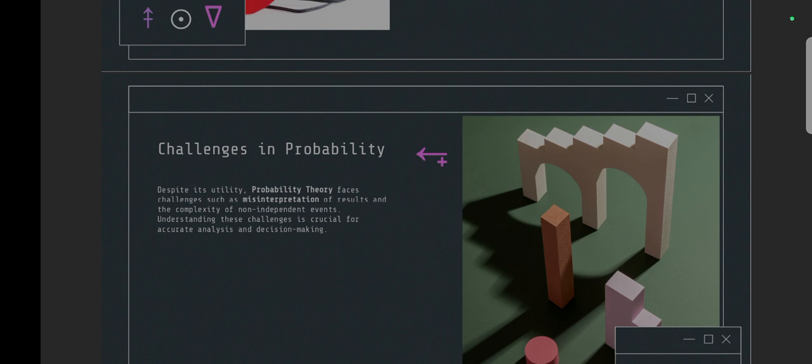Addressing these challenges requires careful consideration of methodologies, clear communication of concepts, and ethical awareness in application.